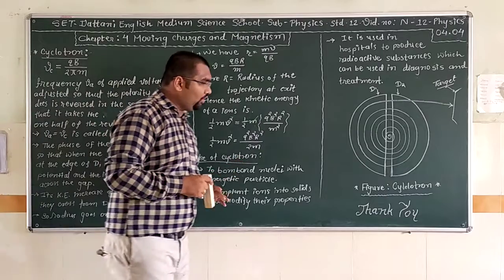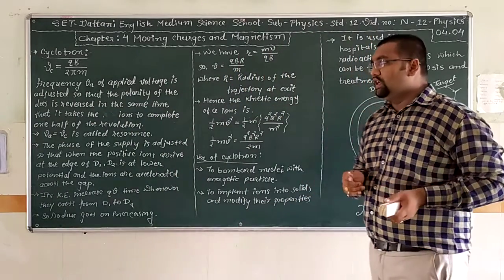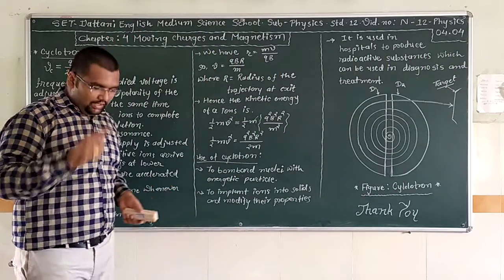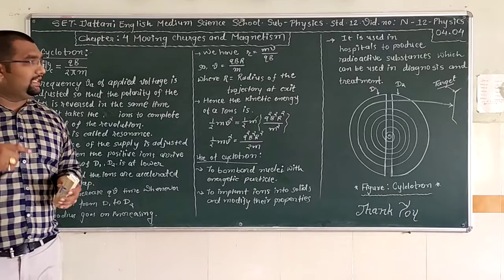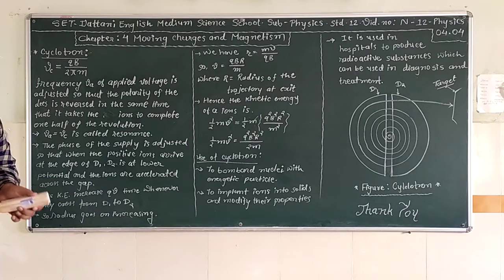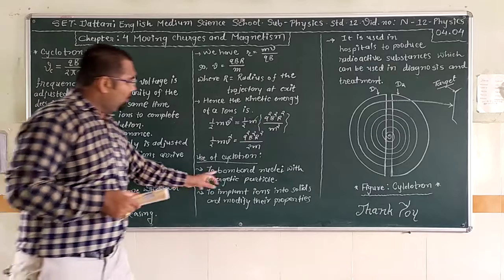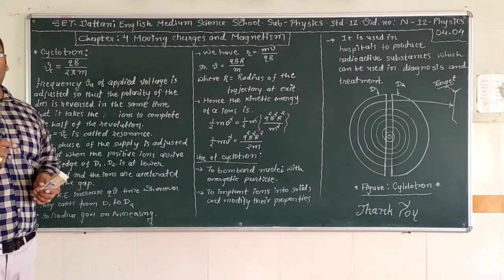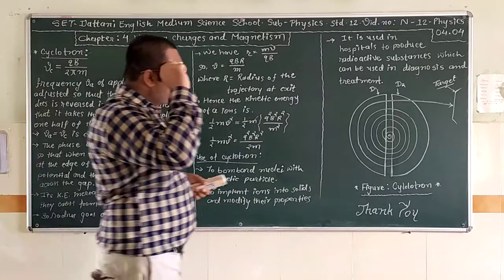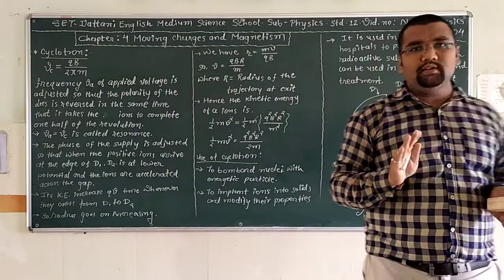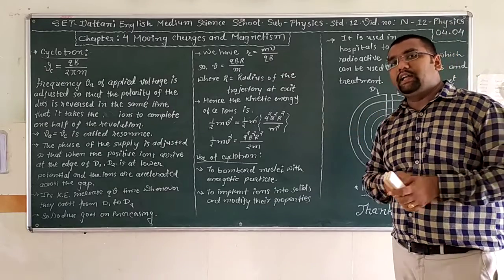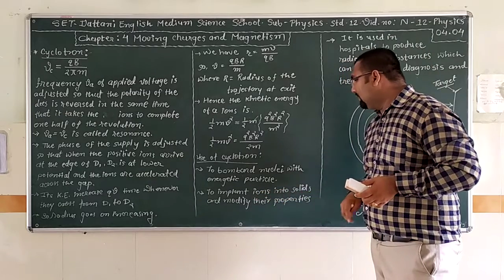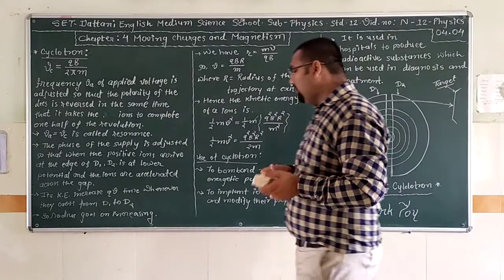Now, what are the uses of the cyclotron? Here we have three most important uses. One use we discussed in our previous chapter: it is used to bombard nuclei with energetic particles, for example bombarding a neutron on an iron nucleus in the nuclear fission process. The second use is to implant ions into solids and modify their properties.